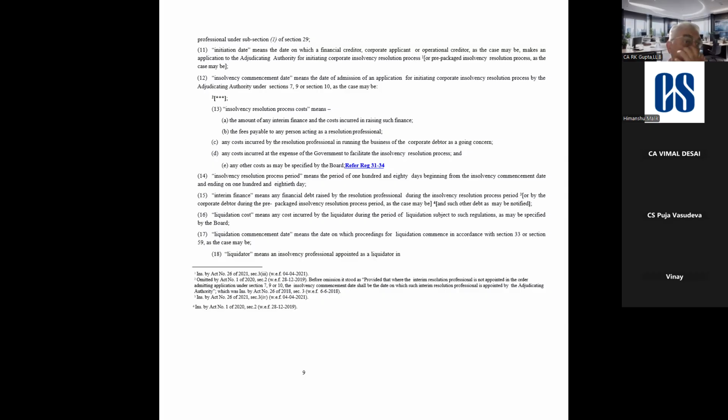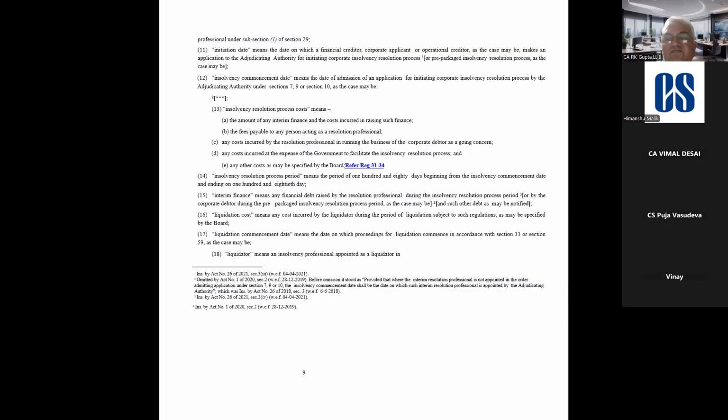So we have to keep the show running, so naturally there may be some costs, some supply of materials, some wages may be required to be paid to the employees or workers. You have to have an insolvency professional who will oversee the process, because the powers of the management, the powers of the board, stand suspended. So naturally, the insolvency resolution professional has to be paid his fees.